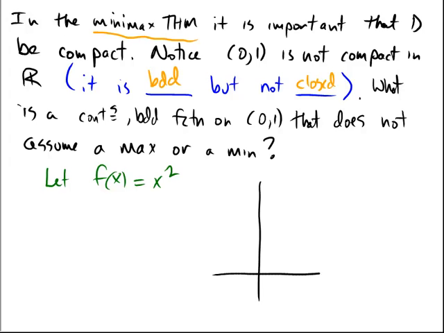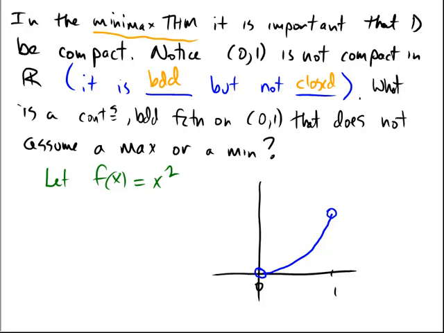On the open interval from 0 to 1, remember, open interval, on the left we would get close to 0, but it's open, so we never actually quite hit 0. And then on the right we would get really, really close to 1. And remember, y equals x squared, or a parabola, looks like that, but we never actually hit the maximum.